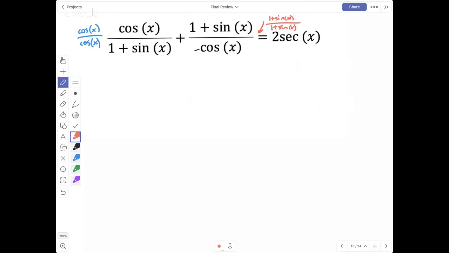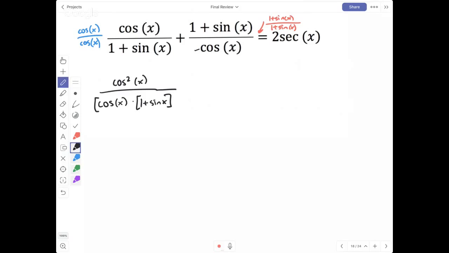And when I do that, I, of course, get cosine squared x, because cosine times cosine makes cosine squared, over cosine x times 1 plus sine x.